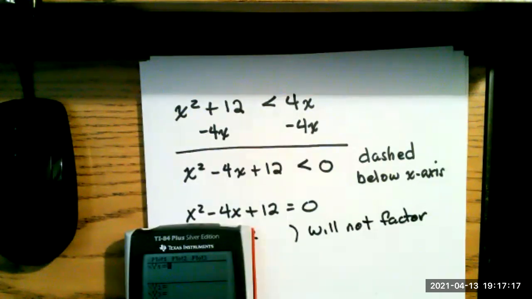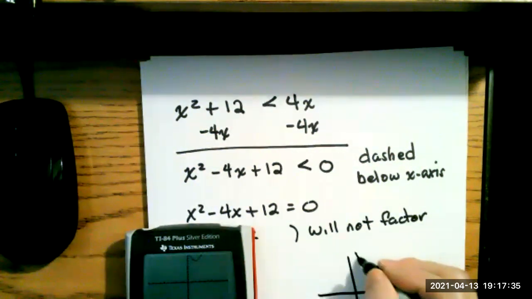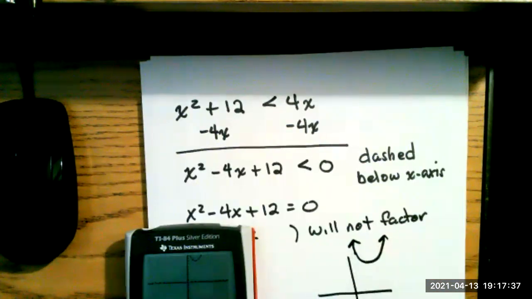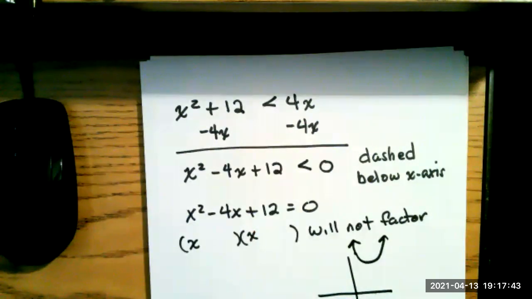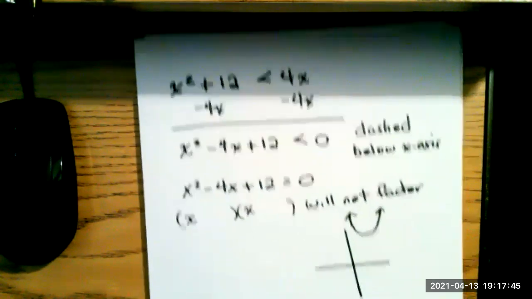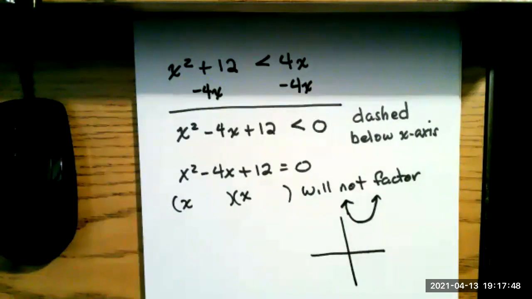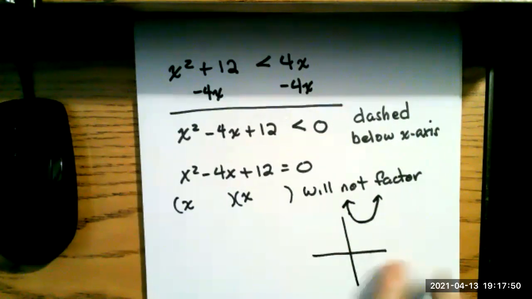Let's see. x squared minus 4x plus 12. Look at that. Let me change my zoom to 6 here and see if I can get a better picture of it. Nope. That little thing is up here somewhere. Does it go across the x-axis at all? No. Is any part of the graph less than 0, less than the x-axis?